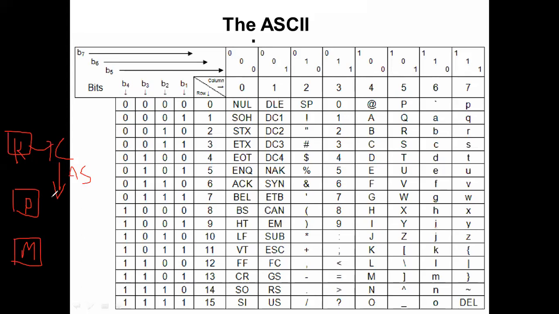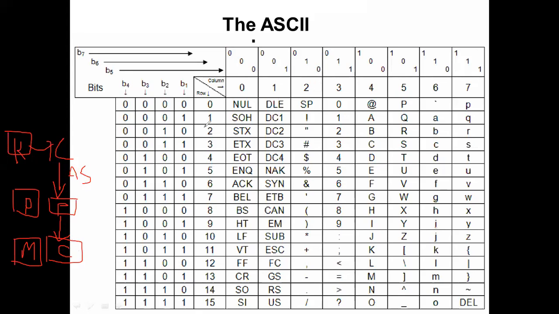The processor takes the equivalent ASCII code, converts it to the letter, and that will be displayed here, C. This is the internal procedure of how letters are displayed on the monitor.